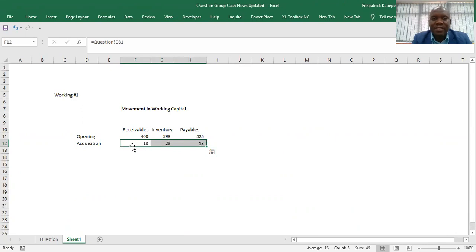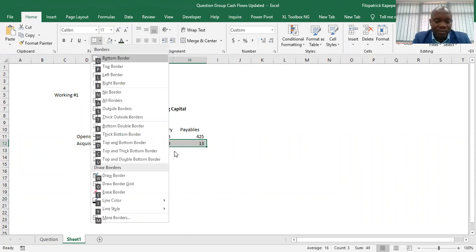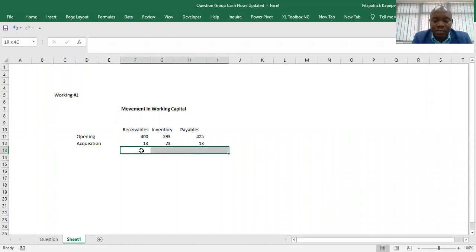So, meaning that in total, ideally, this is what is expected.